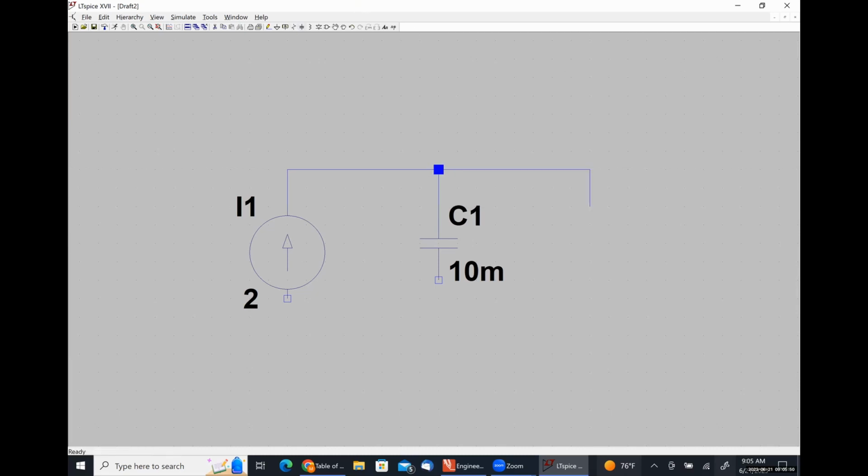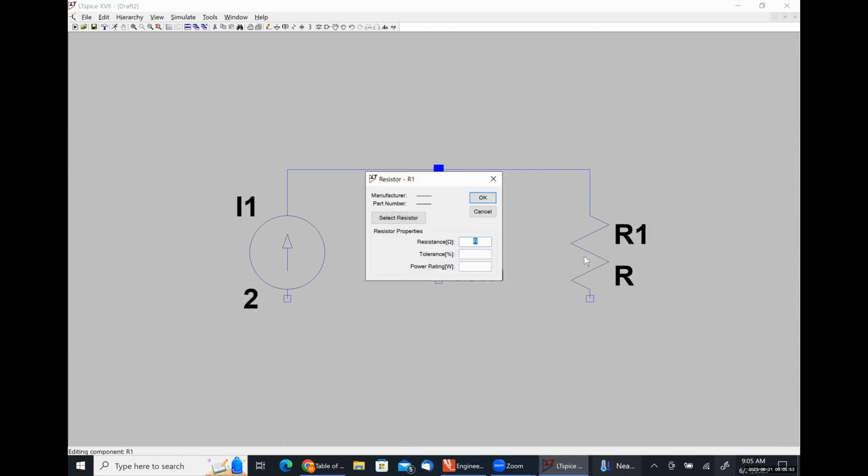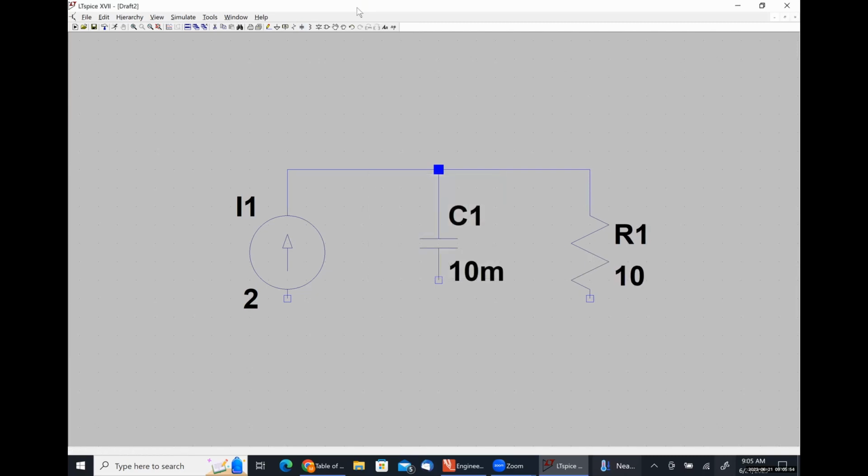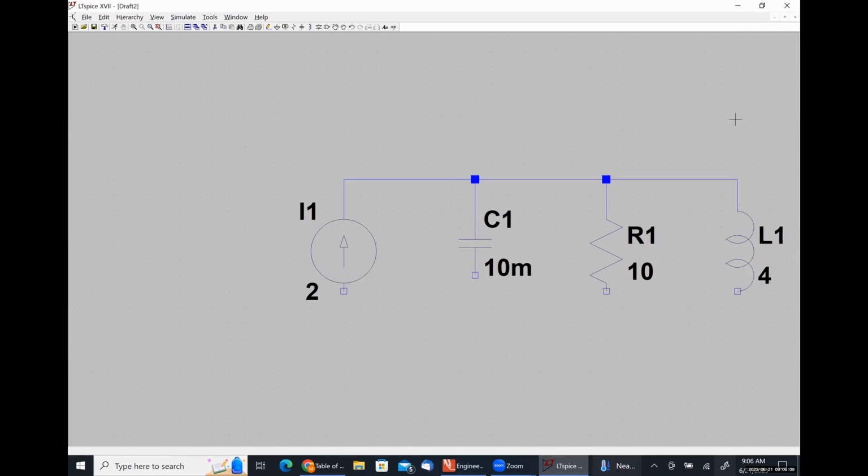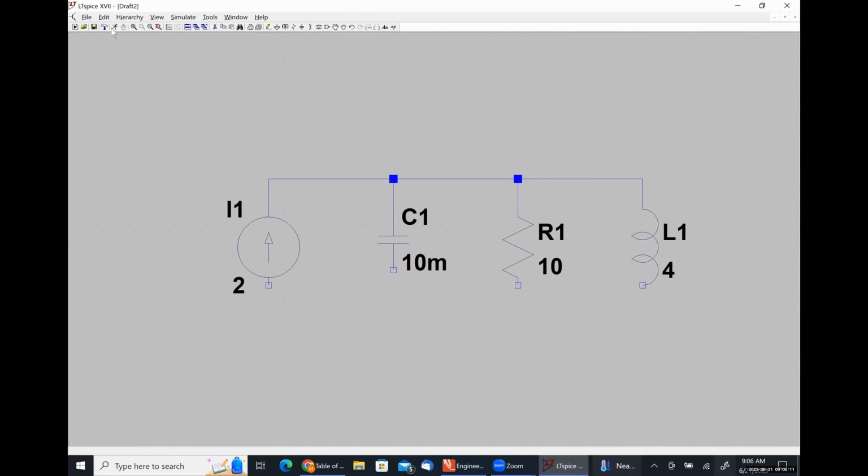My resistor, 10 ohms. My inductor, 4 henries. Let me just wire up the bottom here.